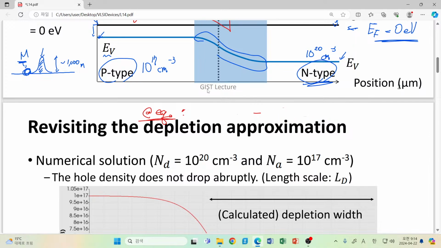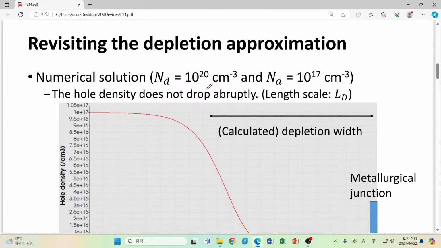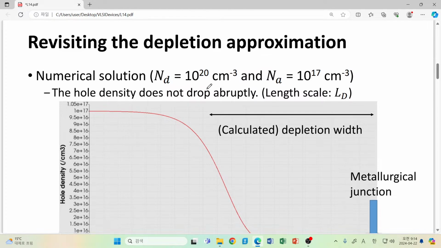Okay, so I think that's all for the equilibrium case. But before finishing our discussion on the equilibrium case, let's have a look at a numerical solution obtained from our calculation. Here we have a typical example in this course: 10 to the 20 as the n-type donor density, and 10 to the 17 as the acceptor density.